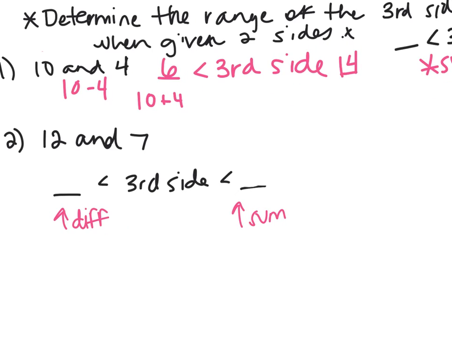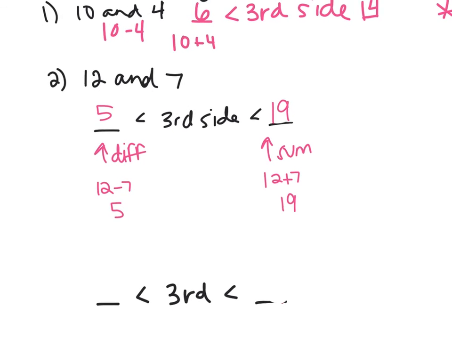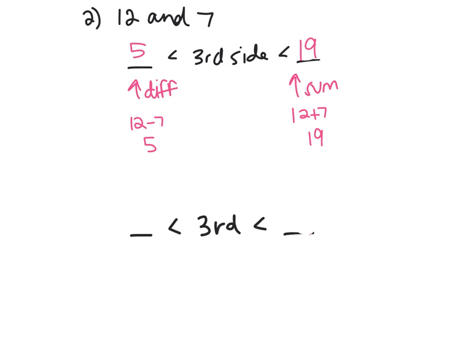Okay, so we're going to say 12 minus 7 is 5, and then 12 plus 7 is 19. Okay, so if we have 12 and 7 as our side lengths, our third side has to be between 5 and 19 units.